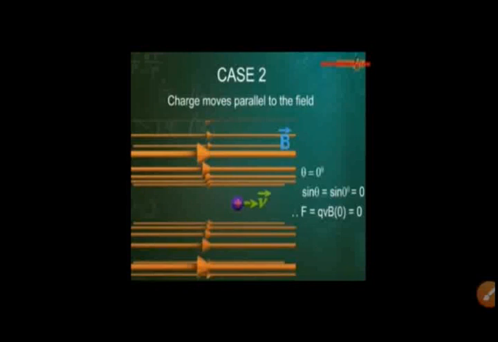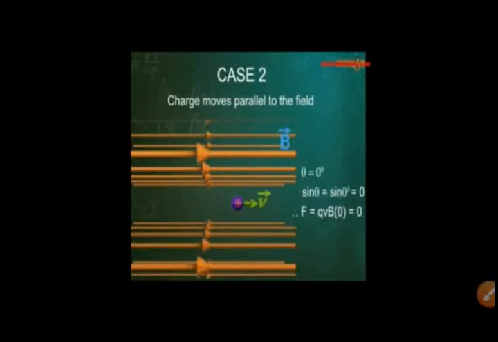So, sin theta equal to sin 0 equal to 0. Therefore, the magnitude of magnetic force F is equal to qvB into 0 equal to 0. That is, when a charged particle moves parallel to the field, the magnetic force acting on it will be 0.